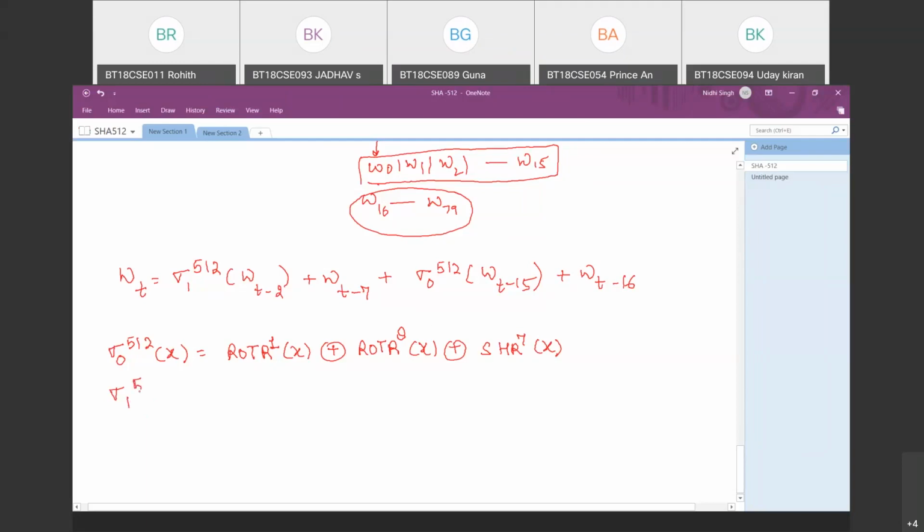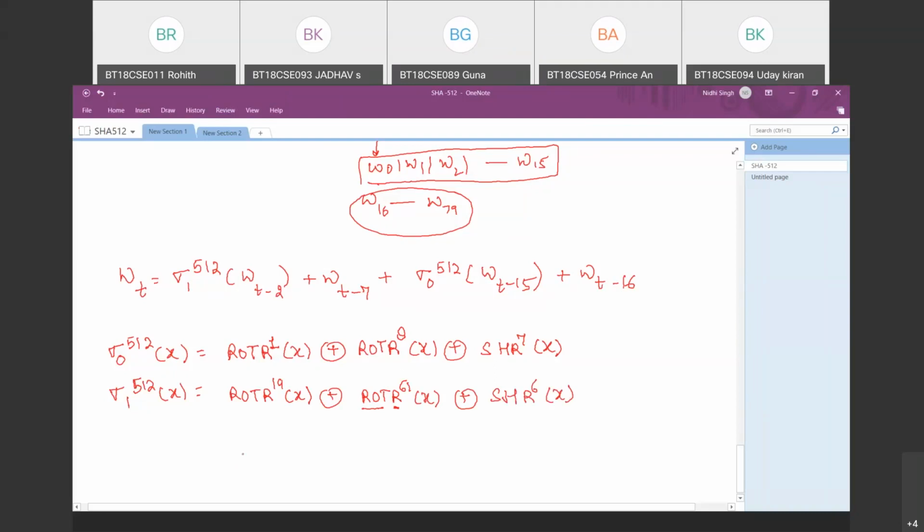Then sigma1 512, the same thing: rotate right by 19 bits of x, XOR rotate right by 61 bits of x, XOR shift right by 6 bits.